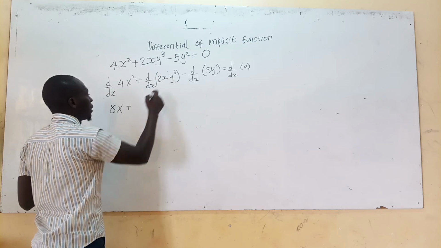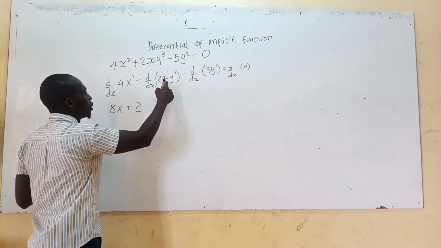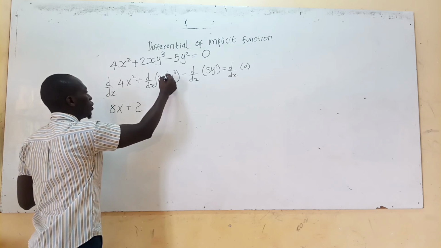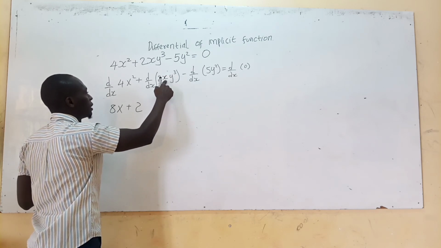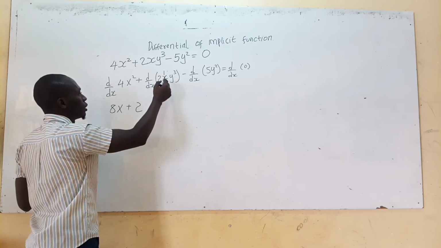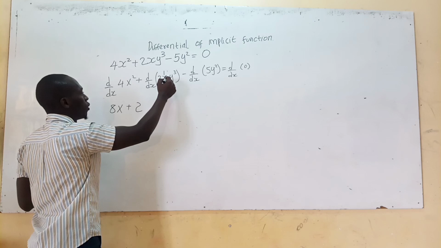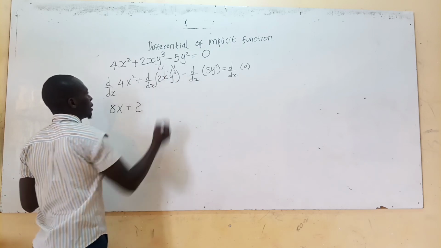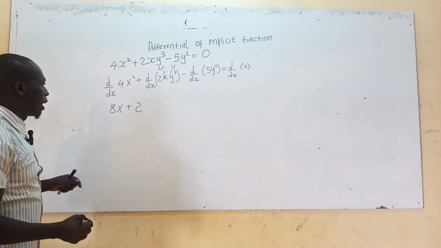We say that here we are going to apply the product rule in differentiating the term of x and y. So here we select our u, and this term becomes our v.